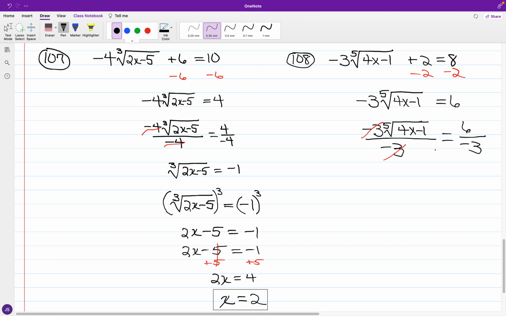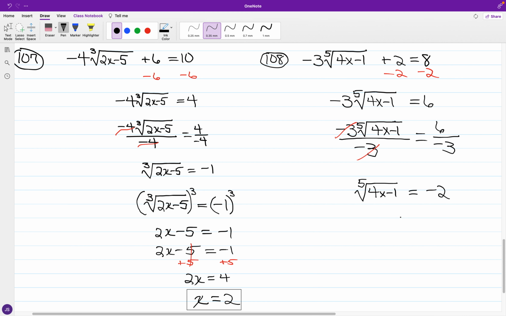But for what I have in this pathway, the fifth root of 4x minus 1 is equal to, and 6 divided by -3 is -2. Again, an odd root expression can reduce to a negative constant. And so I can continue the pathway to arriving at any solution for x.